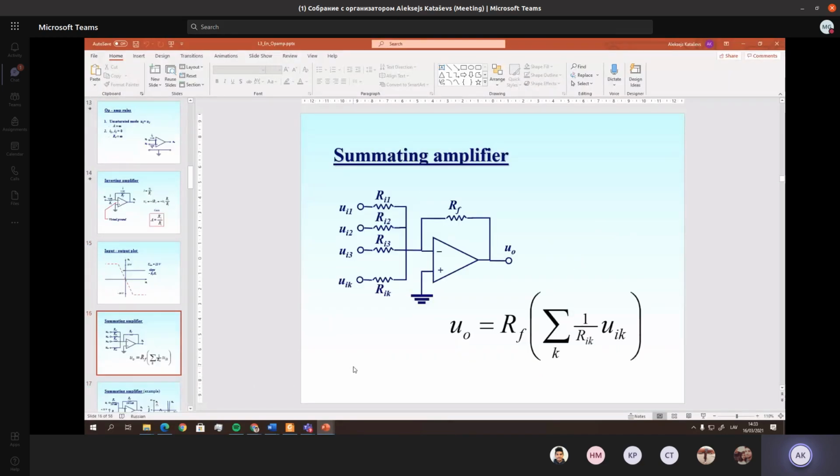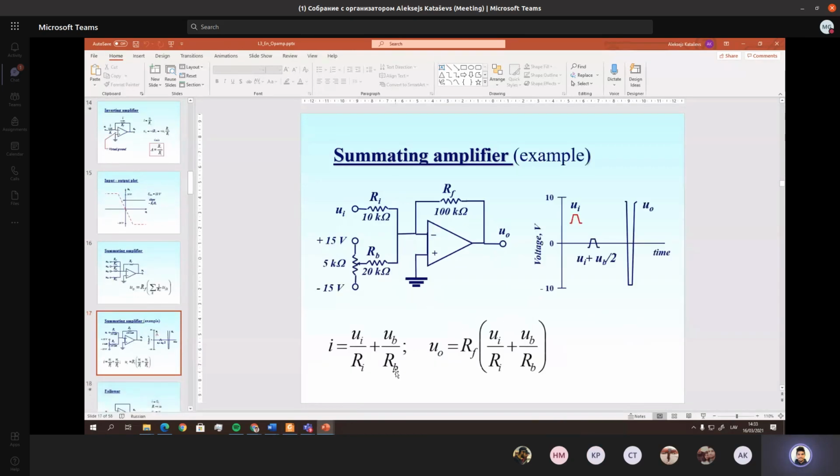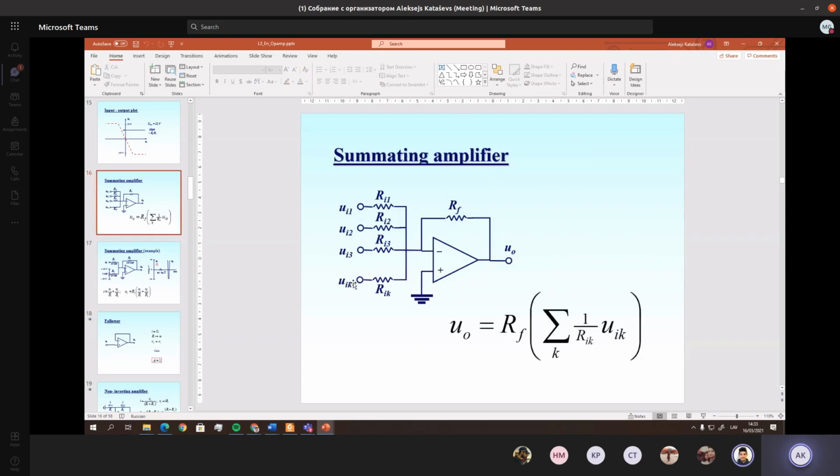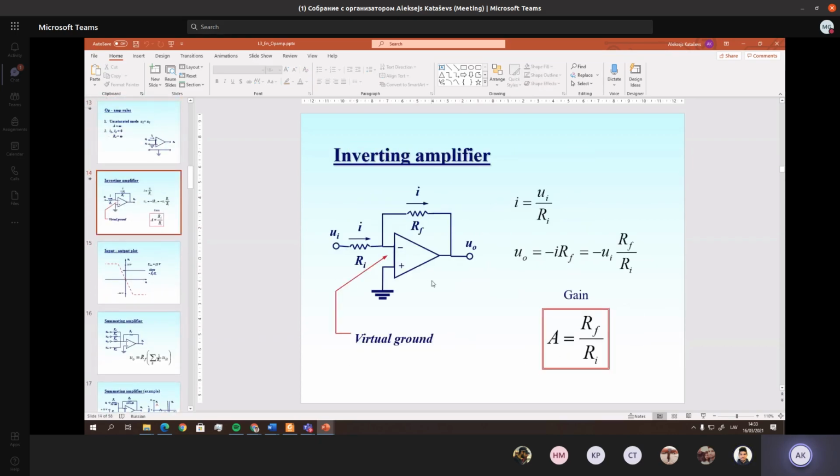Did we speak about the summating amplifier too? Yes. Okay. So probably it was the last what we had discussed, this idea of summating amplifier. And what about the follower? Probably no. Okay, so let's just go back to the inverting amplifier and then we come to the follower.